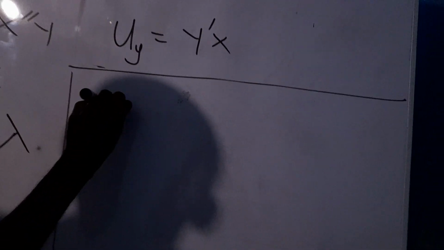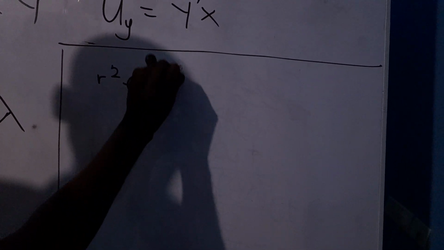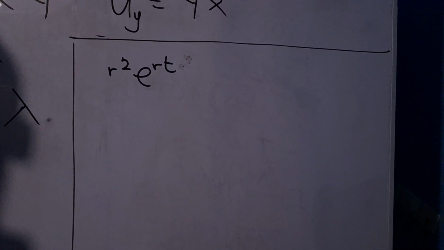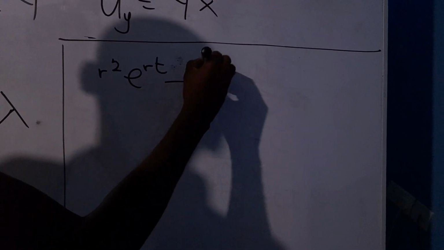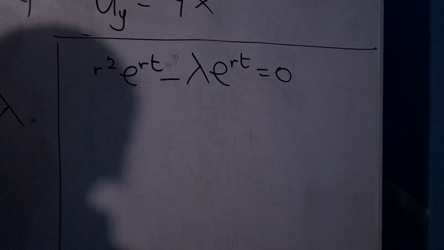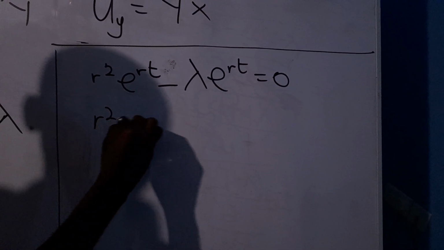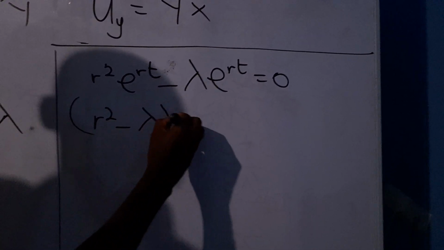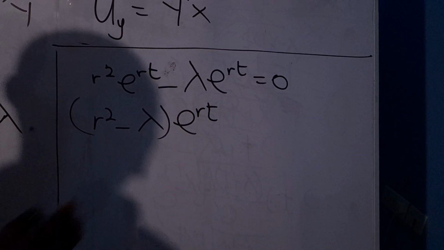So what do we have? We have r squared e exponent r t minus lambda e exponent r t equal to 0. So we factor out e exponent r t.